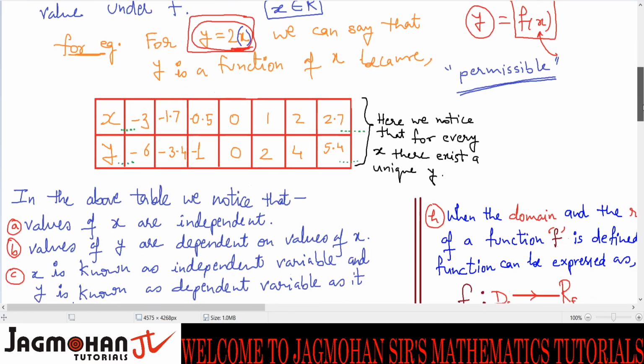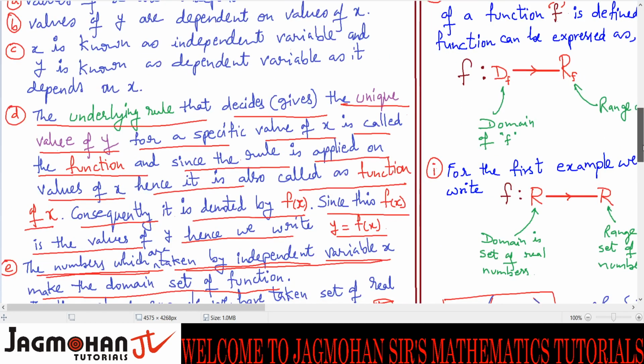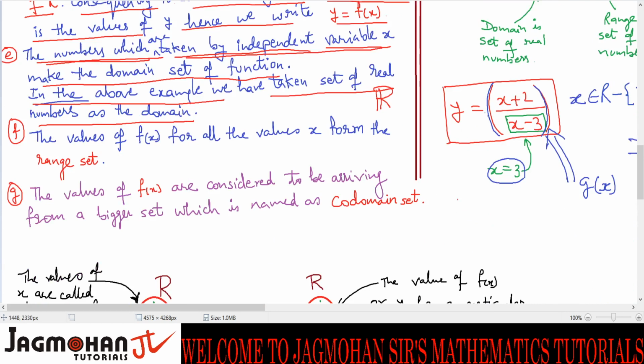For every x value we will get a unique y value, whereas in the earlier example we saw that the function is defined for all x values except 3. So the domain there is the set of real numbers excluding 3.